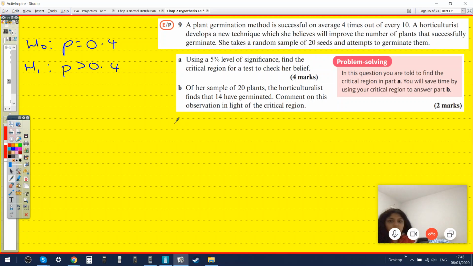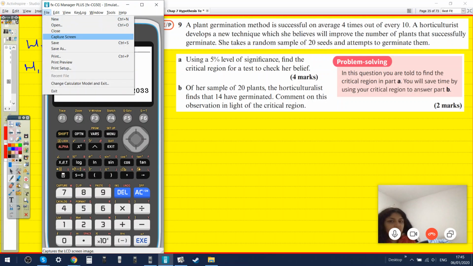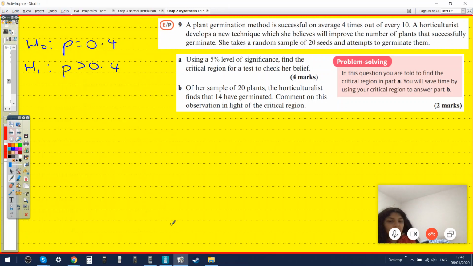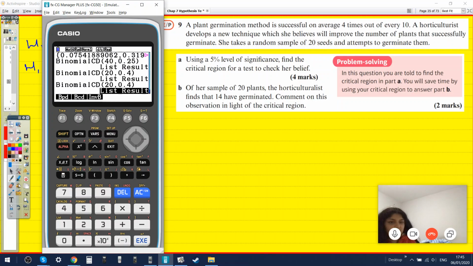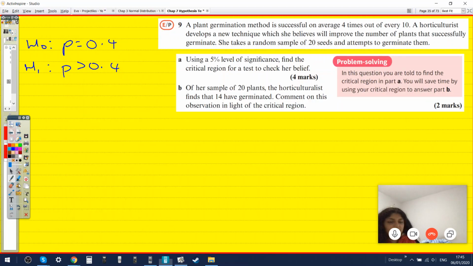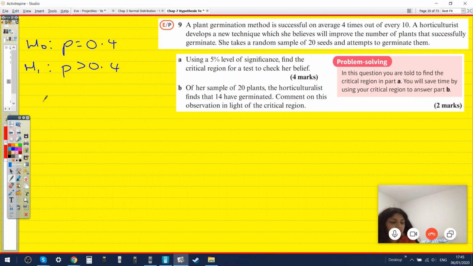So it's one-tailed and it's greater than. So you would find the one that's over 0.95. Is that how you do it? Yep. So x is less than or equal to 12.